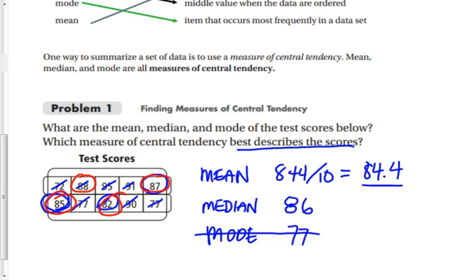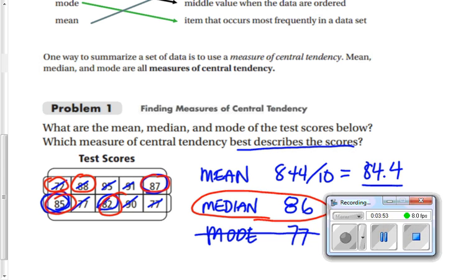And so in this group, I'm going to say that probably the median best represents that set of numbers. There's one really low number, 72, that kind of brings the average down a little bit, I believe. Somewhat of an outlier, not truly an outlier, but there's no real high values that change this set of data. All right, so go ahead, you try that. Think about which best represents the set of data on the next problem.